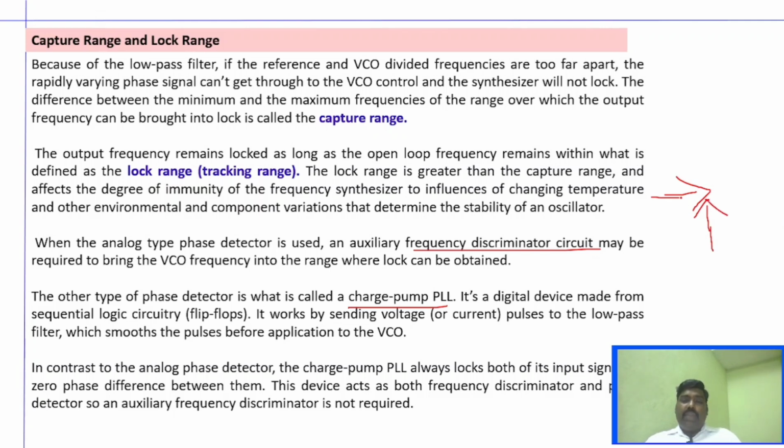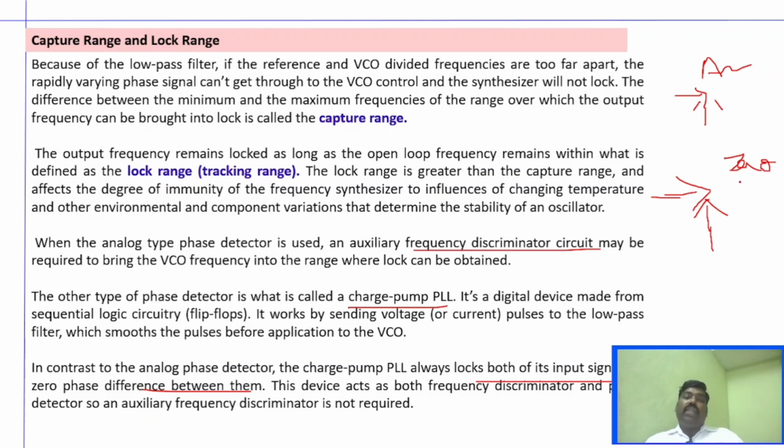Both signals will be locked if there is zero phase difference, whereas the analog multiplier works based upon the phase difference between these two signals. So the charge pump PLL locks both input signals to zero phase difference between them, so we don't need a frequency discriminator and phase detector. That is the difference between the analog multiplier and the charge pump phase detector.